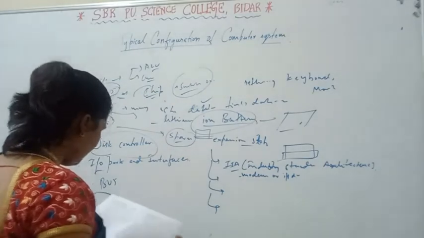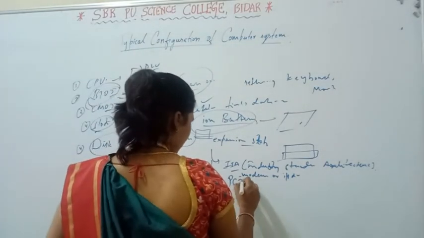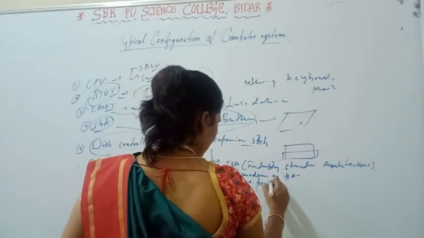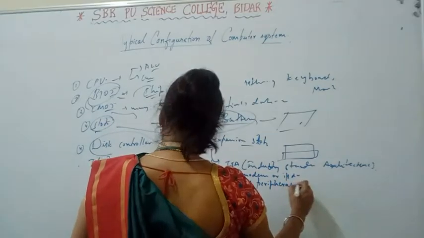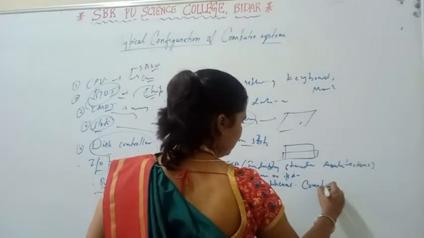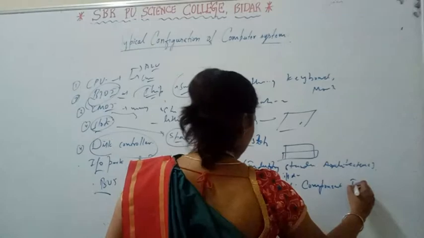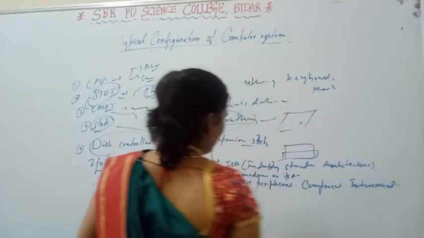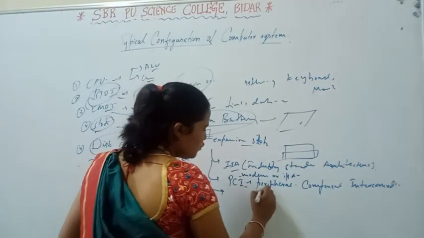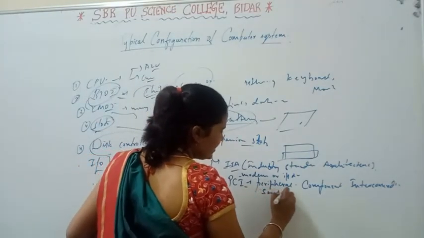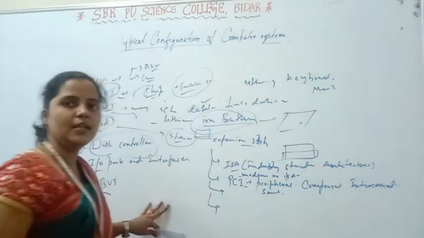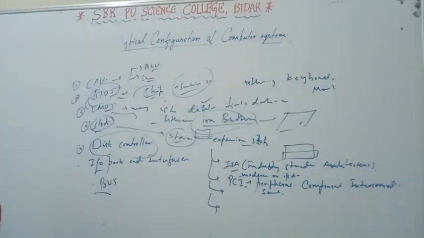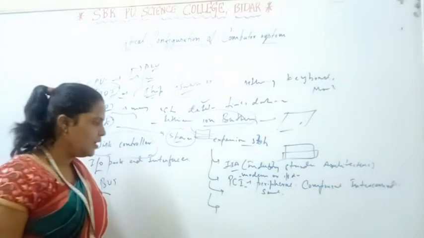Next is PCI, Peripheral Component Interconnect. It is used for various sound devices, like sound cards, which are connected using this PCI slot.